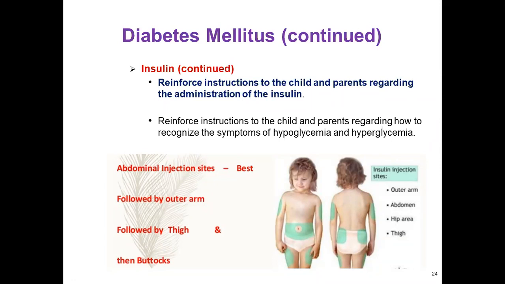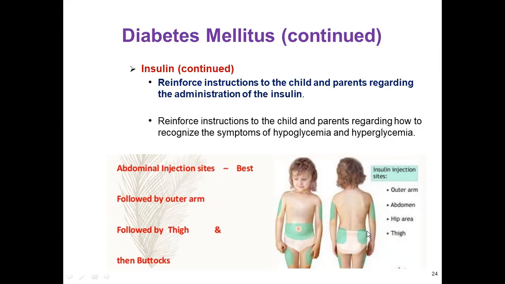Both are important. So now showing in this picture the insulin injection sites: both sides of the umbilicus, deltoid muscle, or anterior and lateral side of the thigh, outer arms, abdomen, hip area, or thigh, right?